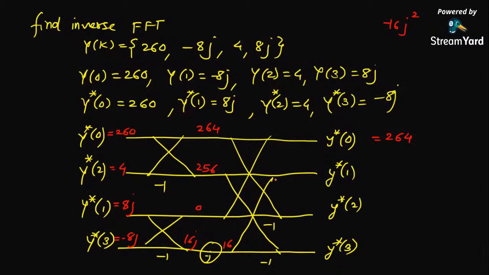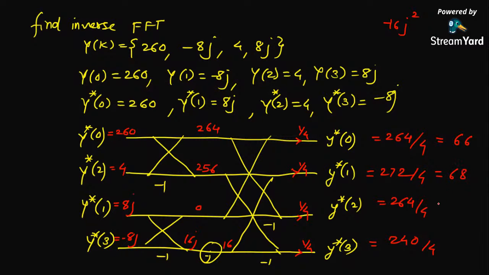Then next is 256 + 16, 272, then 264, and last it is 256 - 16, so 240. It must be multiplied by 1 by 4, so it is divided by 4 each, so the answer is 66, 68, 66, and 60. So that is the circular convolution we got, y of n.